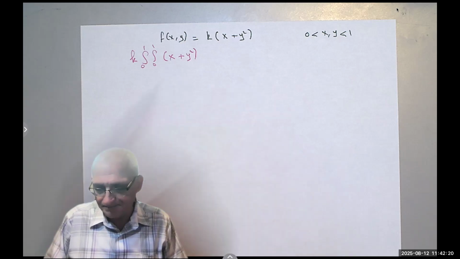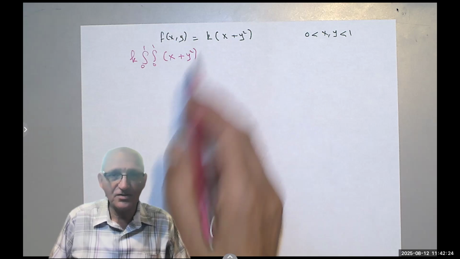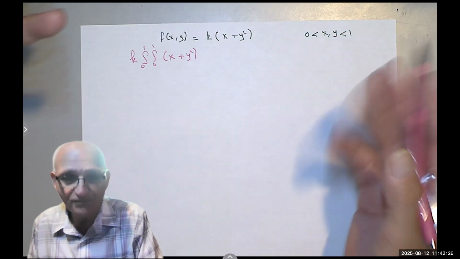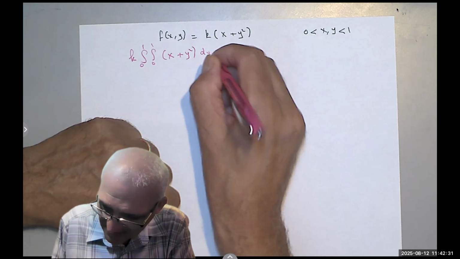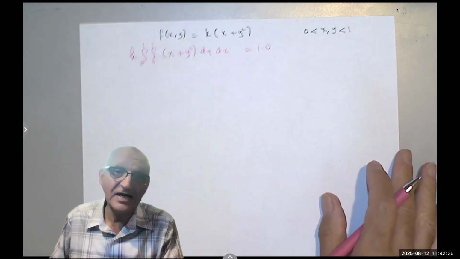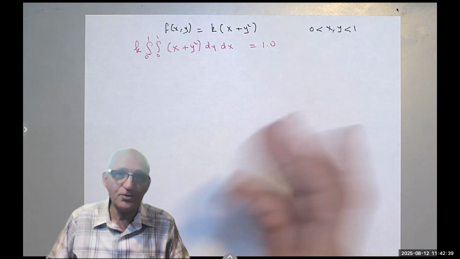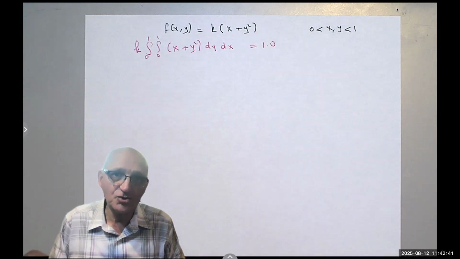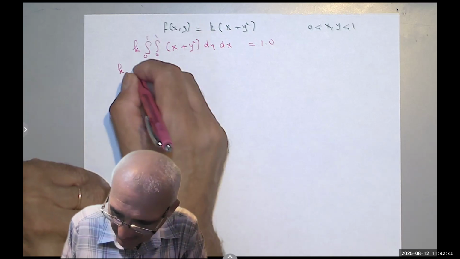But it seems like if we take the integral with respect to y first, we get rid of the square quickly. So we can say dy dx, that should equal 1, right? Because it's a valid probability, whether it's a regular probability or joint probability, when you integrate it, you should get 1.